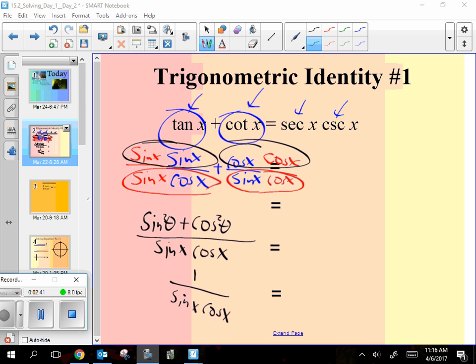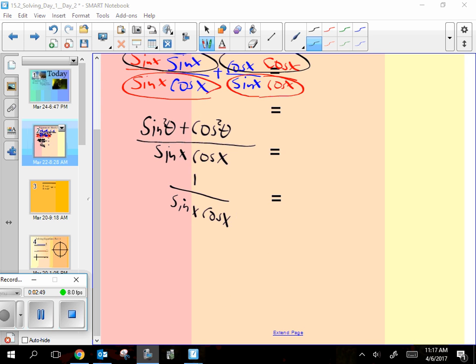But how do I make it so that I have secant and cosecant? Well, secant is really what? So we're going to break this into 2 of them being multiplied. And then I'm going to switch their places. I'm going to do a double step here.